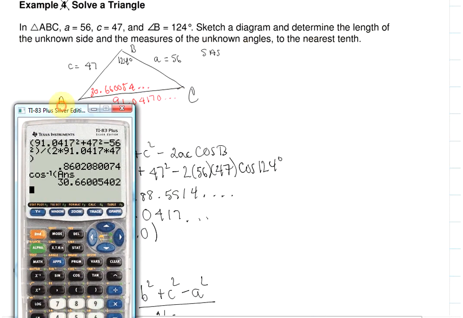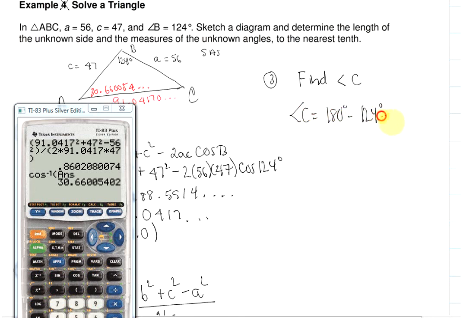Okay, so now we're going to find angle C. This is step 3, find angle C. And we know that that is just 180 minus 124 minus 30.66005 dot dot dot.